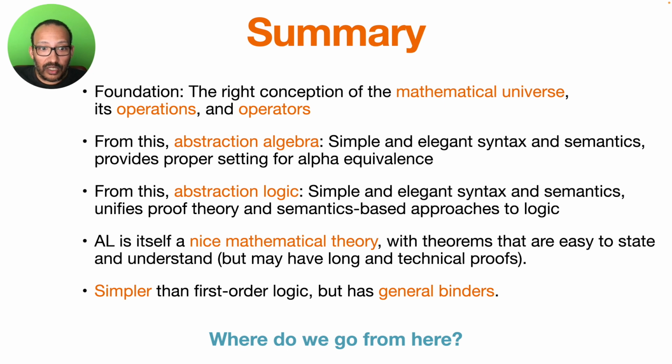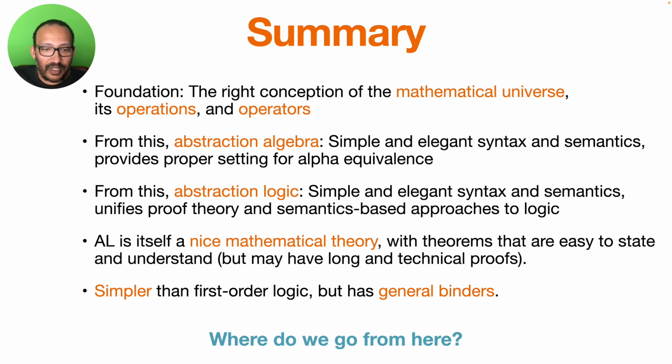So abstraction logic itself is, I think, a nice mathematical theory. It has theorems that are easy to state and understand, but they may have long and technical proofs because of the syntactic side that is always involved. And, well, in my opinion, abstraction logic is simpler than first-order logic. We have seen that there are just three constructors to form terms and templates.